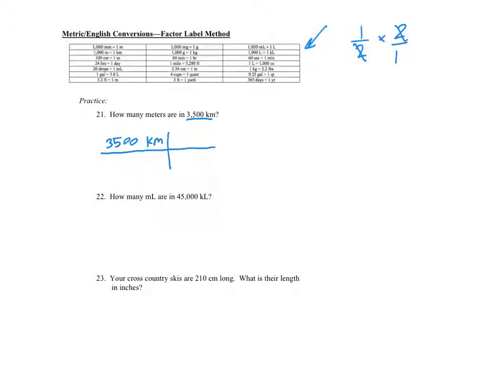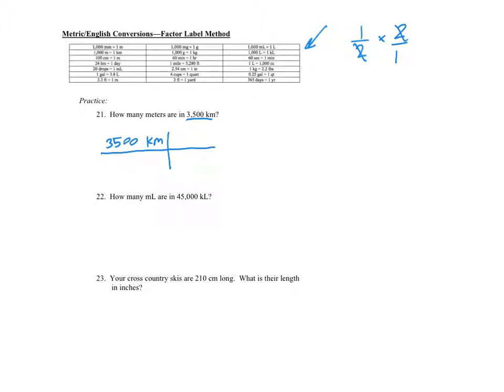If that's more comfortable for you, you are more than welcome. I just prefer the tic-tac-toe board because things stay a little bit neater. Under the 3,500 kilometers is a 1. That's what's supposed to be there. 1s are given in chemistry, so you don't have to write that. I prefer not to write it, but if that's going to bother you, go ahead and write a 1 under that.